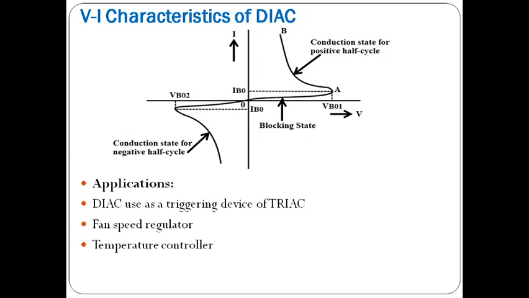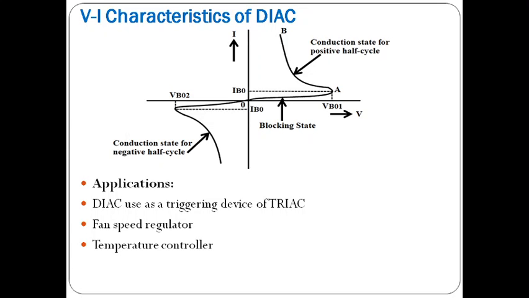So the applications of the DIAC: it is also a switch. We can use this DIAC for the controlling of any AC mechanism, like lamp controlling or fan speed controlling or AC motor controlling or temperature controlling or liquid control, anything. And here the DIAC can be used to trigger the TRIAC circuit.